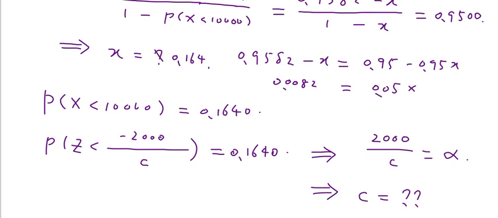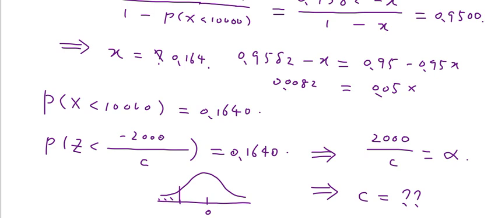Okay. So from the table, we find this alpha equals, let's say, like so. Here's 0. We want to find this cutoff point such that this is 16.4%.